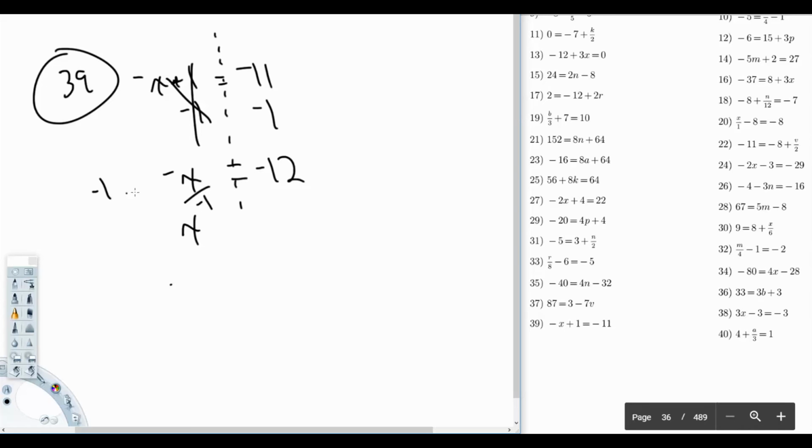So let's multiply this minus x by negative 1 equals negative 12 times negative 1, and we're left with x equals 12, right? Negative 12 times negative 1 equals 12. Negative 1 times negative x equals x. That's a confusing one, actually, but that's the way it is.